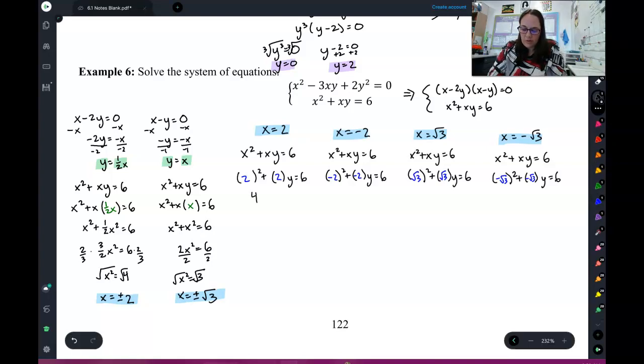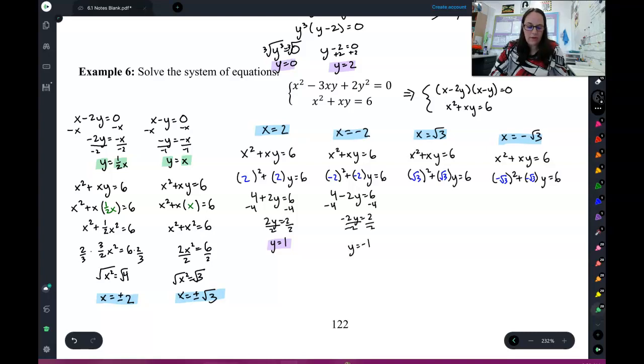So this one becomes 4 plus 2y equals 6. Get y equals 1. Ta-da! First one finished. This one I get 4 minus 2y equals 6. Get y equals negative 1. Ta-da! Finished with that one. This one, root 3 squared is 3.